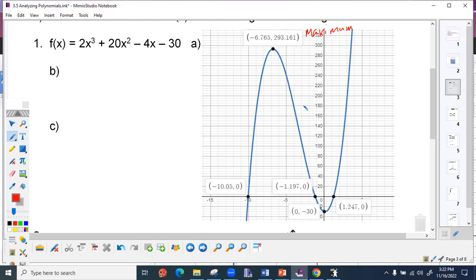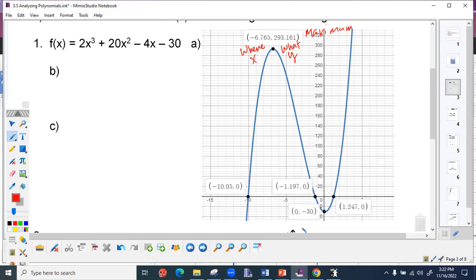When you're identifying your maximum, if it asks where is your maximum, you tell me the X. If it asks what is your maximum, you tell me the Y. Where is your X? What is your Y? So what's the maximum? I would say 293. If I'm summarizing, I say I have a maximum at this x-value, and it is this y-value.